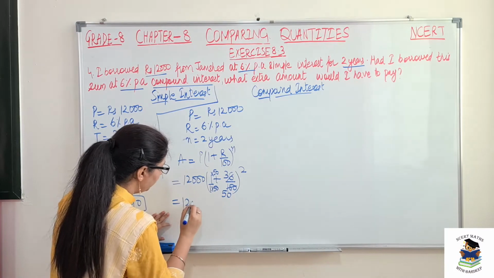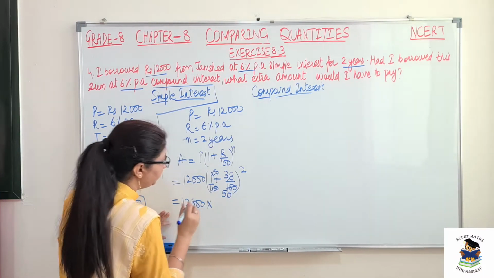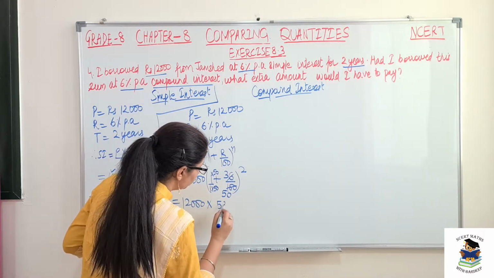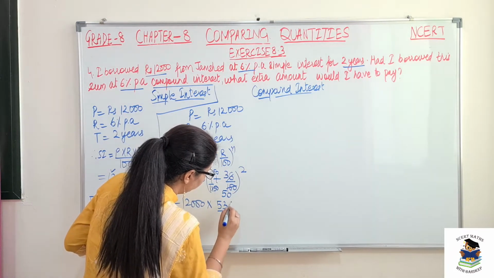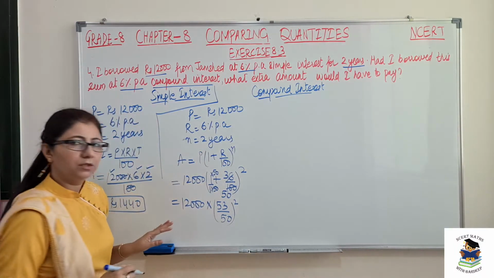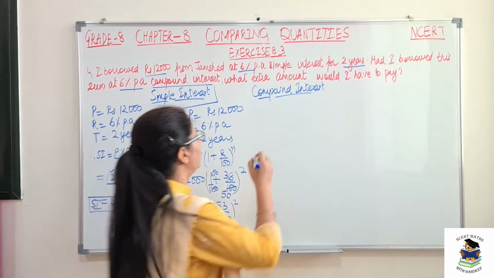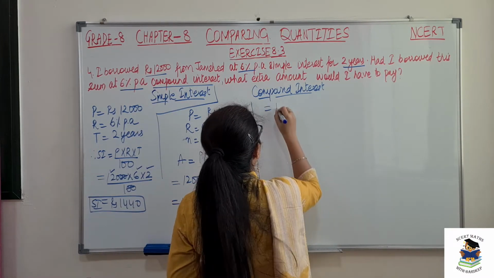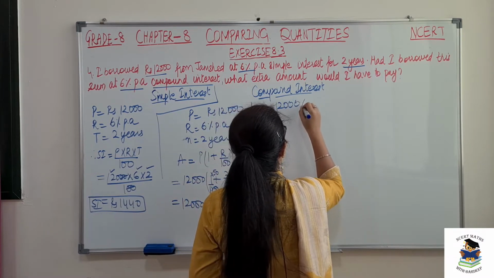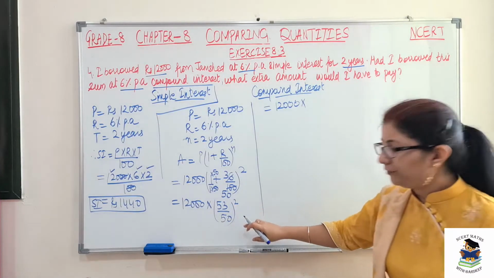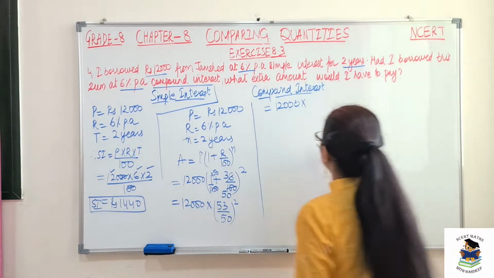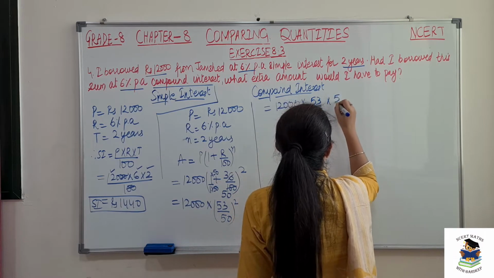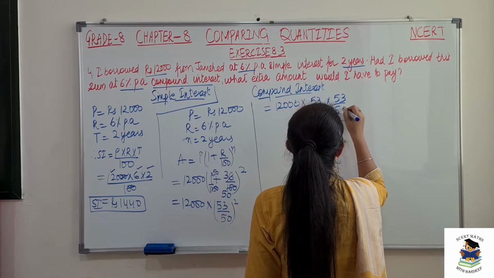So this is 12,000 multiplied by 50 plus 3, which is 53, over 50 raised to power 2. So now let's expand this. So this is 12,000 multiplied by 53 by 50 two times, so 53 by 50 into 53 by 50.